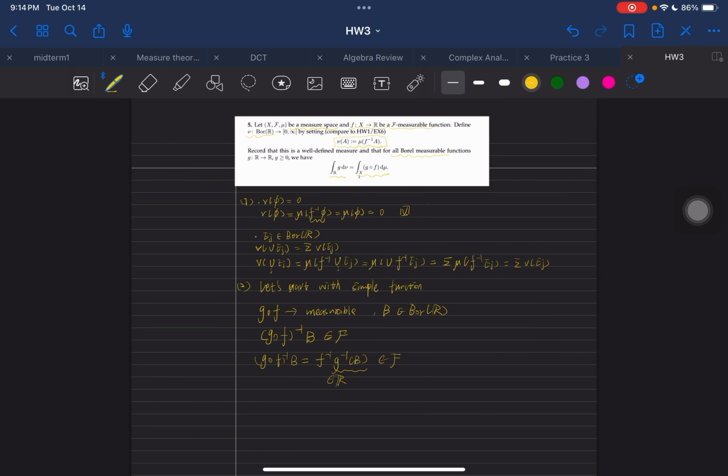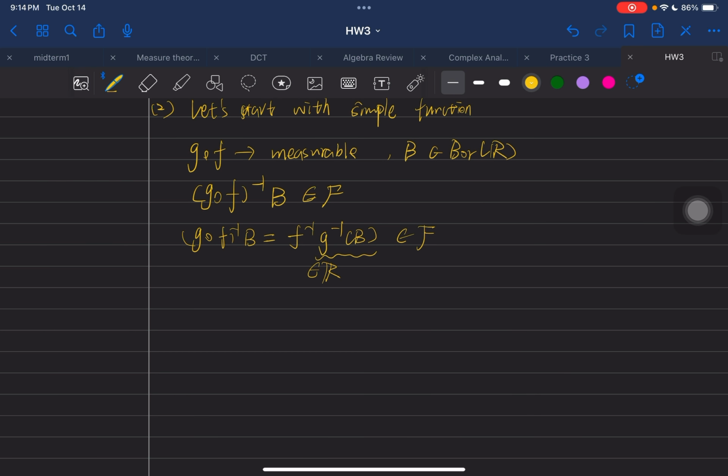So now this function actually makes sense, and this integral actually makes sense. Then we can do the integration. We can do the simple functions first.